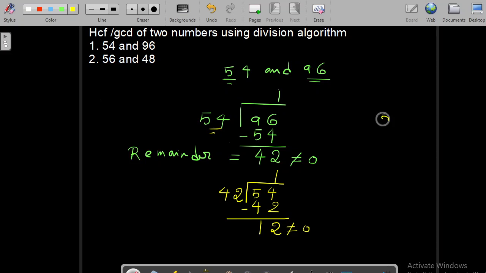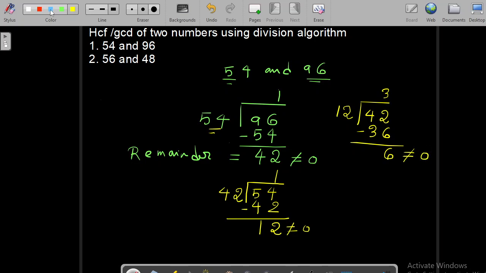We divide this 42 by the remainder, which is 12. 3 12s are 36, so we take 3, 36, and the remainder is 6, which is again not equal to 0.